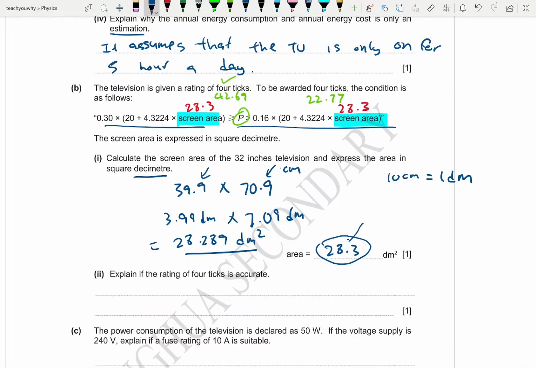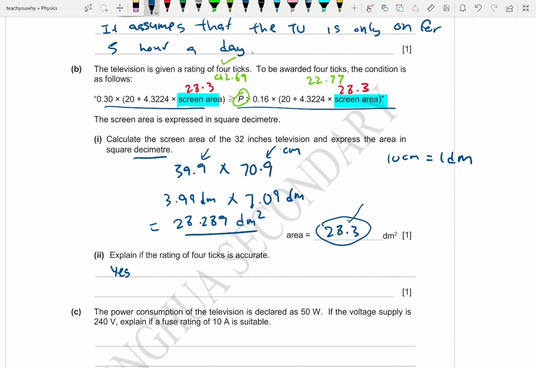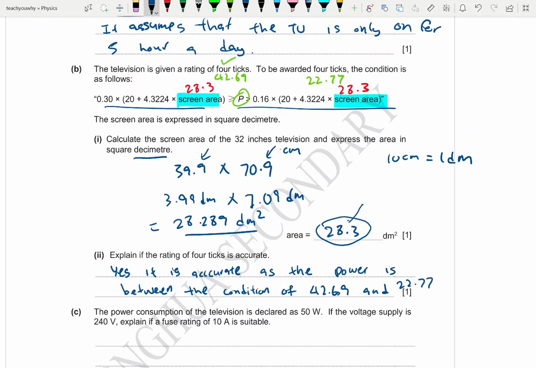So yes, it is accurate, as the power is between the condition of 42.69 and 22.77.